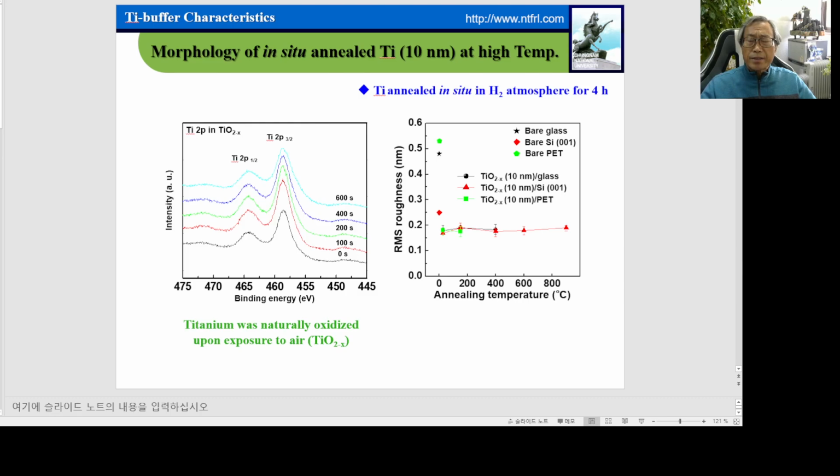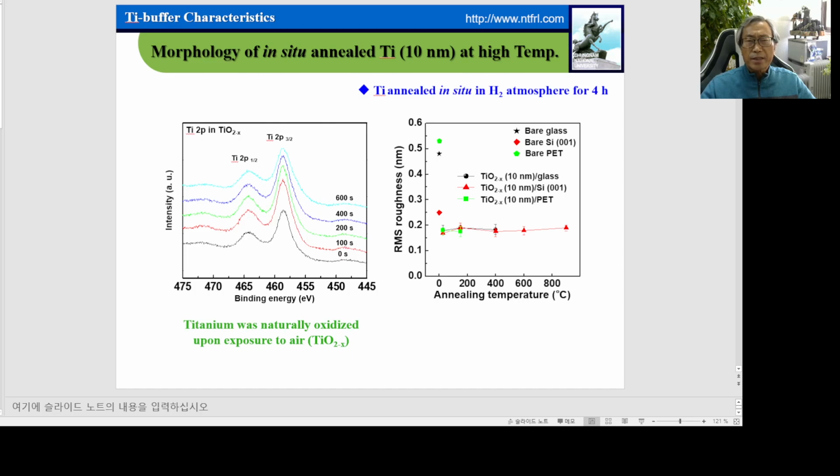As I mentioned before, we use a titanium buffer layer for graphene growth at low temperature. First of all, I want to describe the status of the titanium buffer layer. Titanium was deposited by DC sputter.